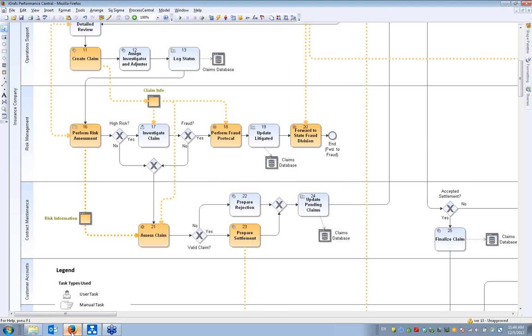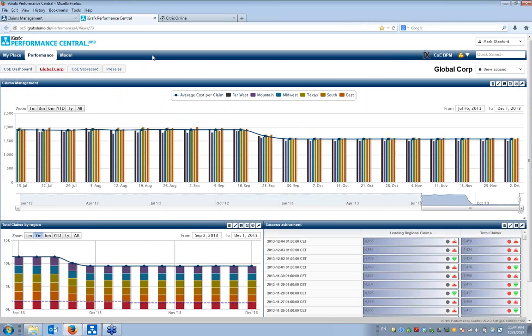So we do that in our performance monitoring tool, iGraphics Performance Central. So this specific average cost per claim process performance indicator is being tracked in this top graph. We did the implementation of the change in September, and now we can see that 10% drop.